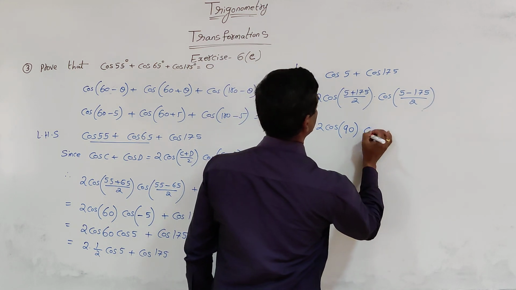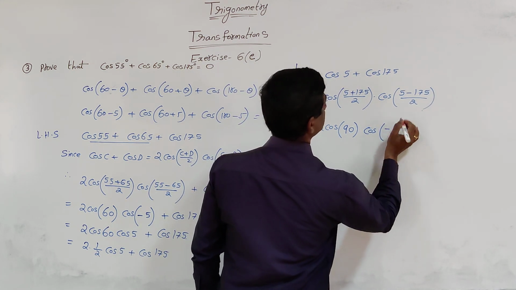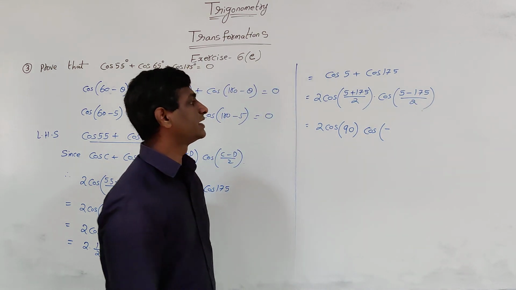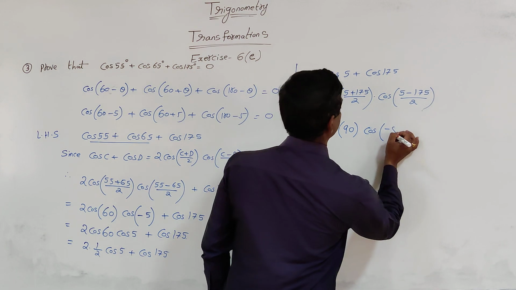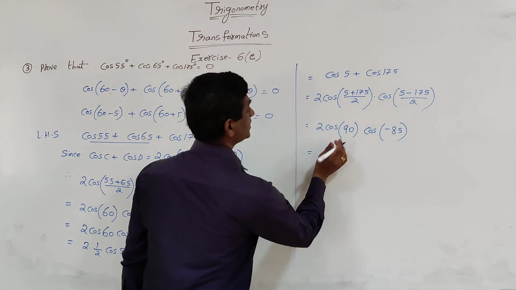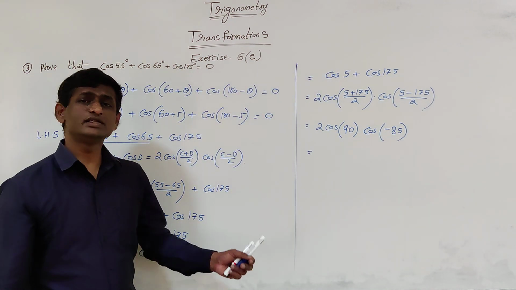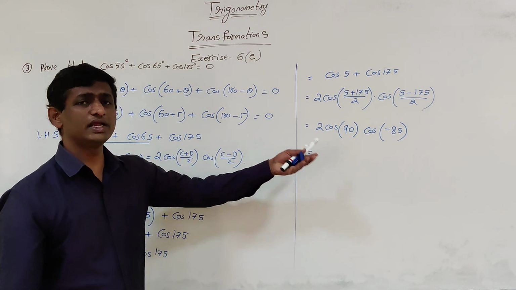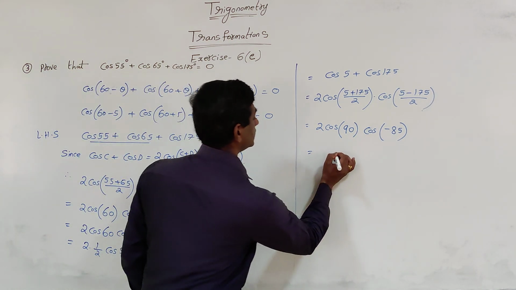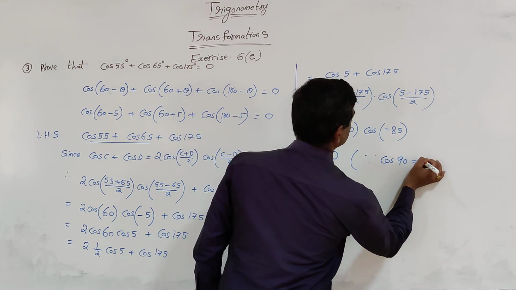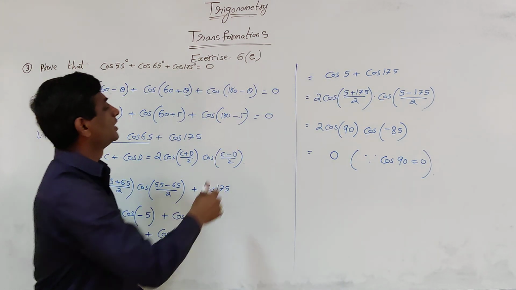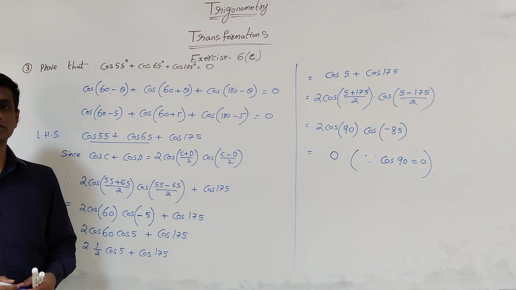Into cos of (5 minus 175), which is minus 170, and by 2 is minus 85. But what is cos 90? Cos 90 is 0, so 0 into anything is always 0. Since cos 90 is 0, LHS is equal to RHS, which is 0.